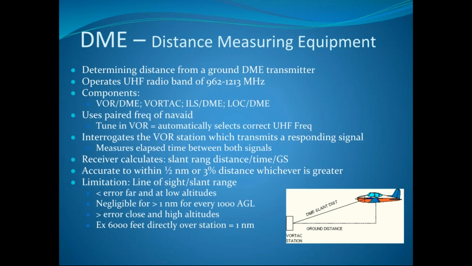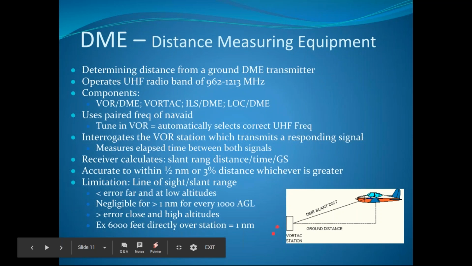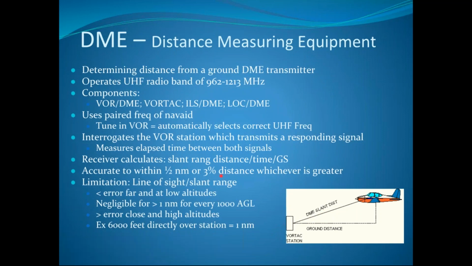It interrogates the VOR station, which transmits a responding signal, and measures the elapsed time between both signals. So here you can see the DME slant distance. The station will send out a signal to the airplane. The receiver inside the airplane will then transmit it back to the station, and that gives us our distance from the station.